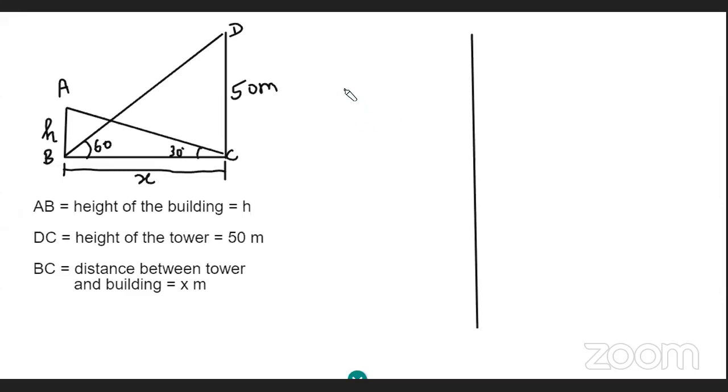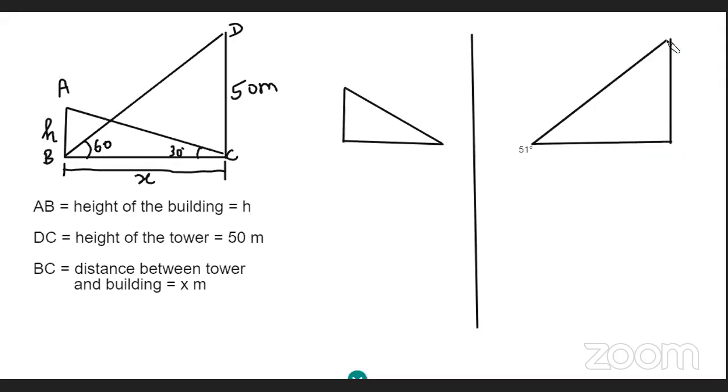I'm going to make the two small triangles now. So this is going to be my h, x, 30. And 50, 60, x.